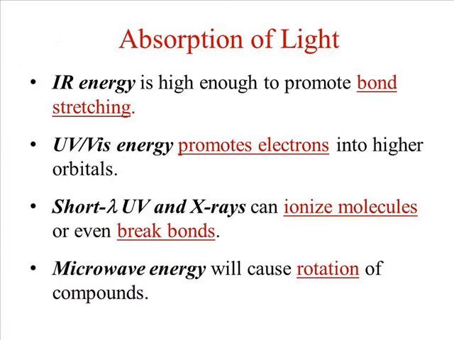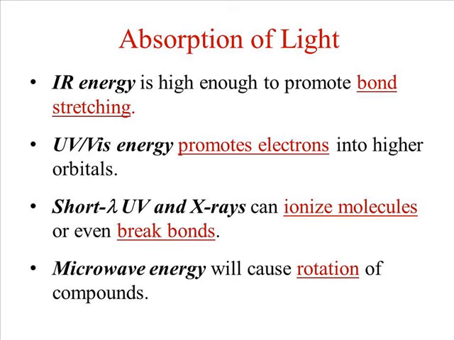You've got infrared energy, and infrared, which is heat, is high enough to promote bond stretching. So you're going to stretch bonds back and forth. From stretching the bonds and relaxing them, you can actually find out the energy of the bonds. So this gives you information about the structure, multiple bonds, single bonds, and so on. UV and visible light energy is what your colorimetry and spectrophotometry are based on.